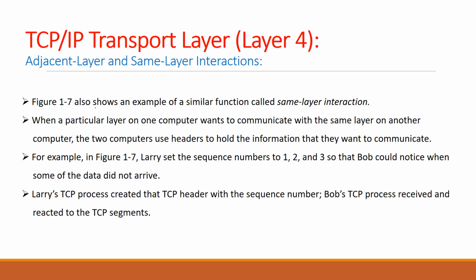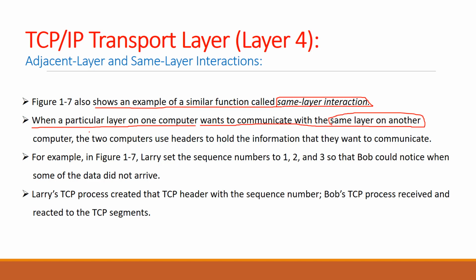Also, the figure shows an example of a similar function called same layer interaction. When a particular layer on one computer wants to communicate with the same layer on another computer, this is called same layer interaction. What does this mean?